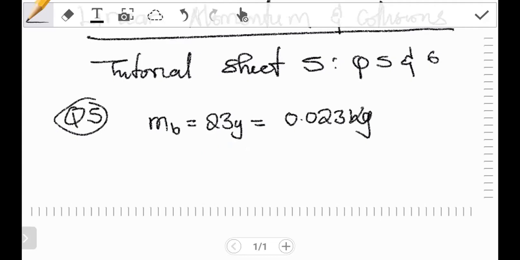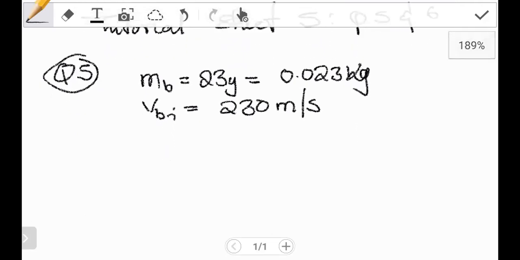That is the initial velocity of the bullet, in other words, the velocity of the bullet before collision. So v_b initial, or before collision, equals 230 meters per second.